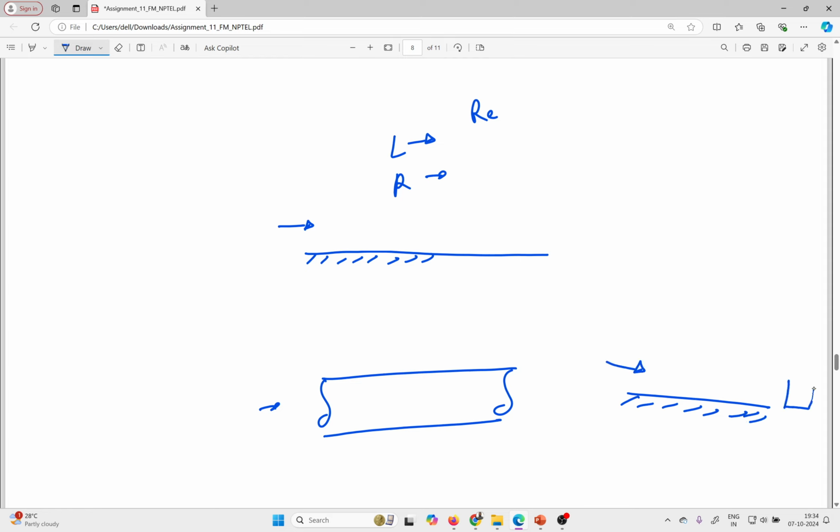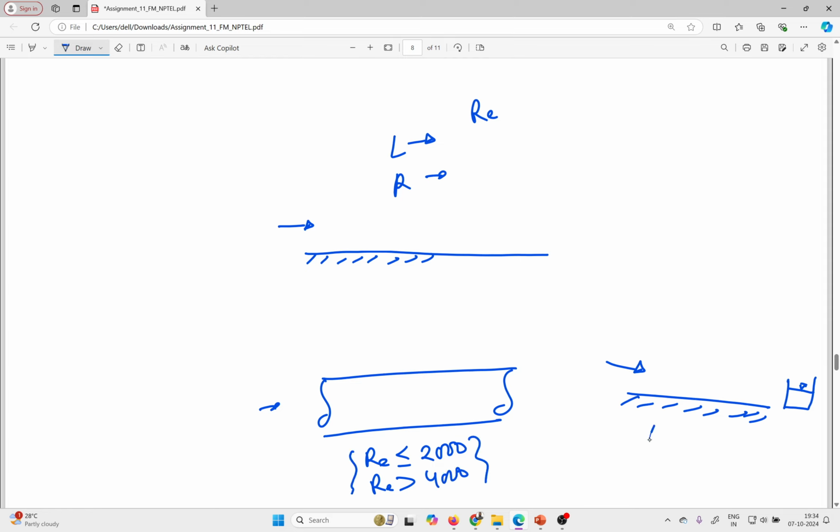If I draw the cross section like that, in pipe flow the Reynolds number for laminar flow is less than or equal to 2000, and for turbulent flow it is generally greater than 4000.